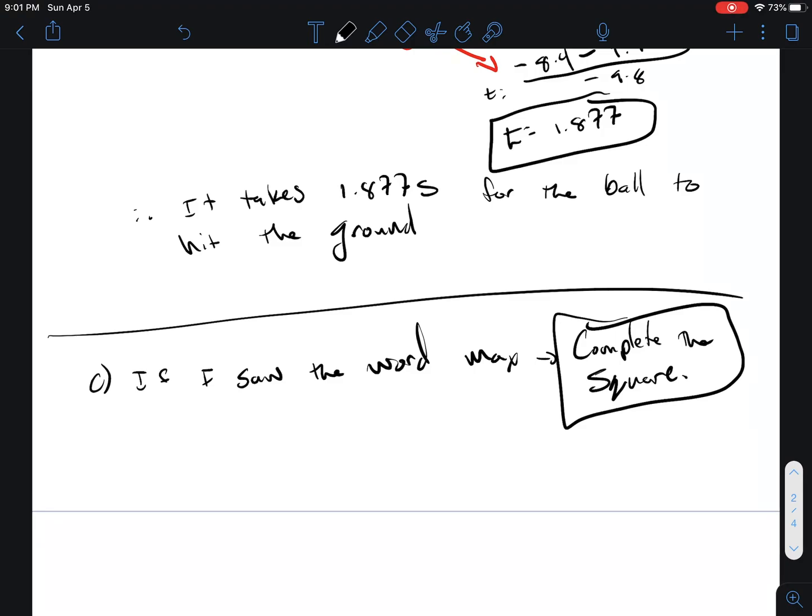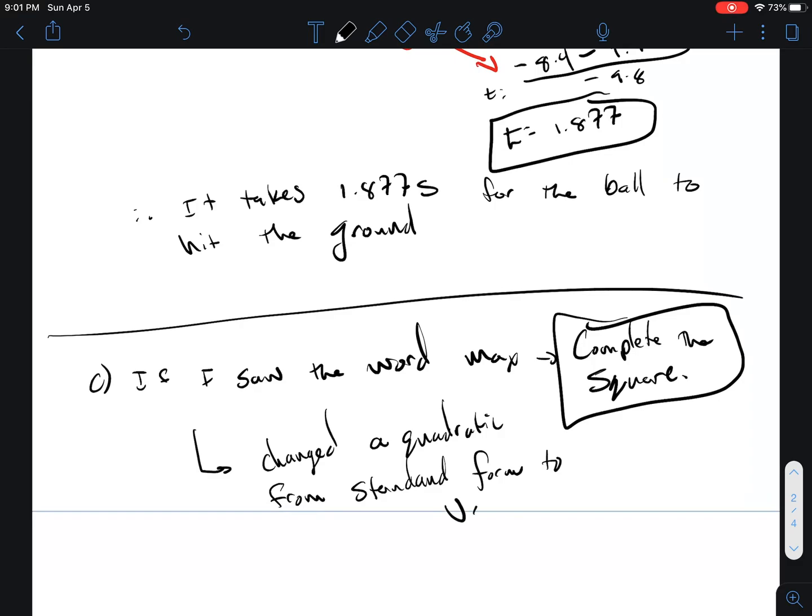And remember what completing the square did. It changed a quadratic from standard form to vertex form, right? That's important because then we could read the vertex off, which ultimately meant the max/min value, right?